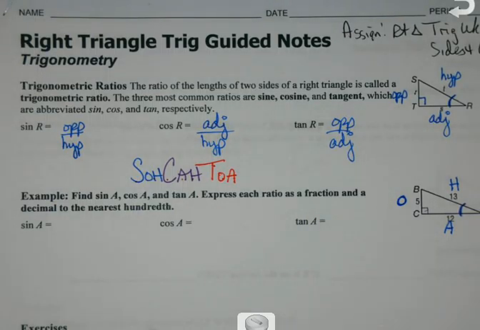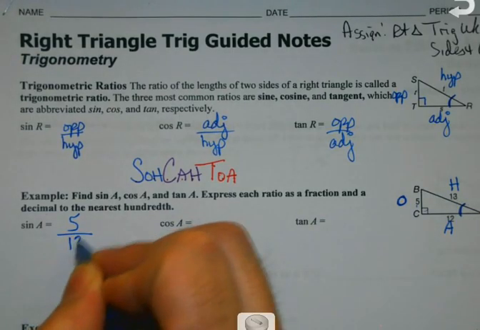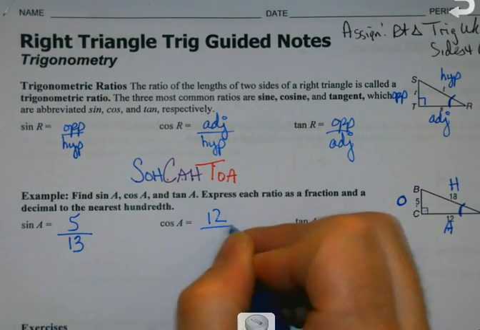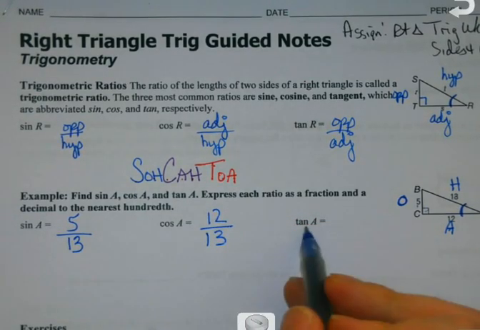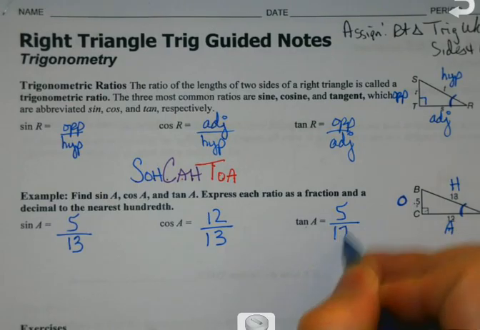And then I just use my fractions or my ratios. So sine is opposite over hypotenuse. Cosine is adjacent over hypotenuse. And tangent is opposite over adjacent. Put the fractions.